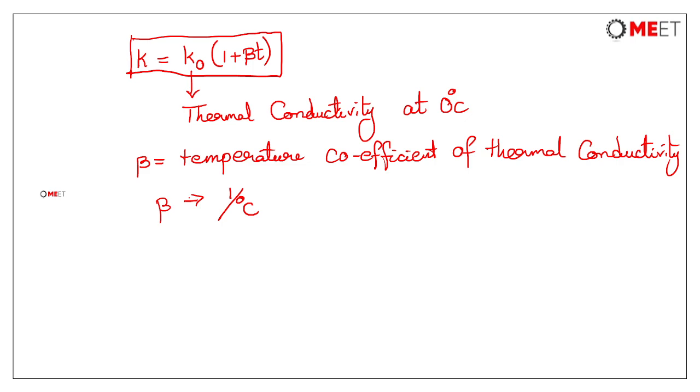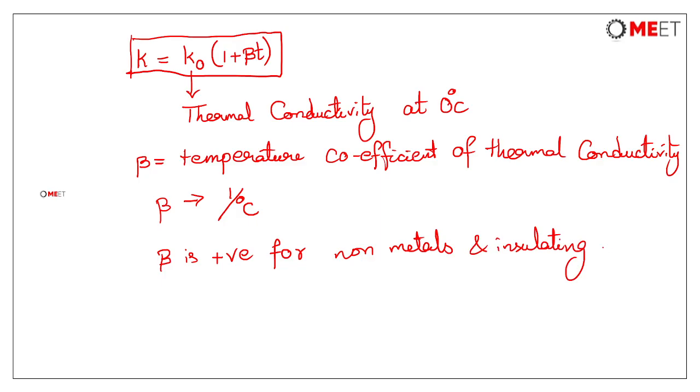See, it is usually positive. Beta will be usually positive for non-metals and insulating materials. Only magnesite bricks are the exemption.